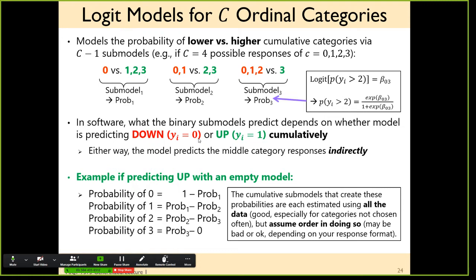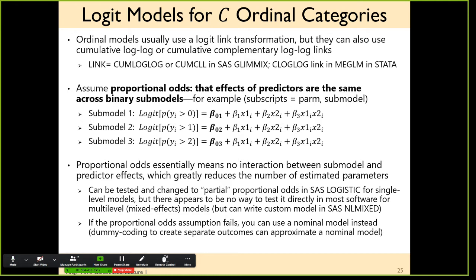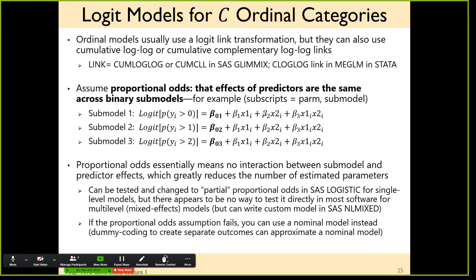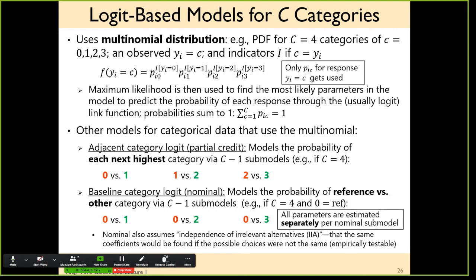To get the probability of any one response, you have to subtract between the predicted probabilities of these submodels. We talked about proportional odds. That's the idea that no matter which submodel you're in, the slopes are the same. That's a testable assumption, although it's tricky to do so. That's where gologit came in.